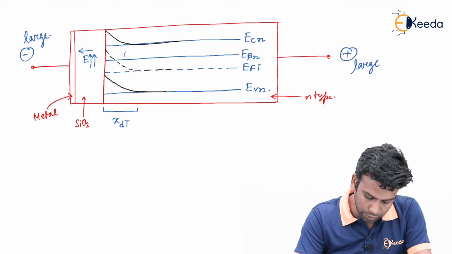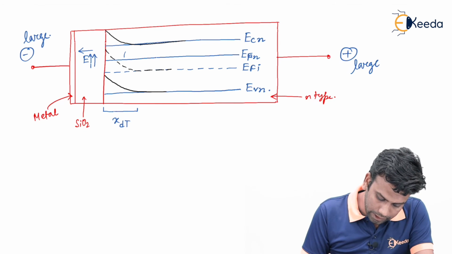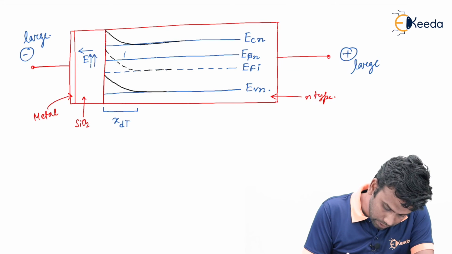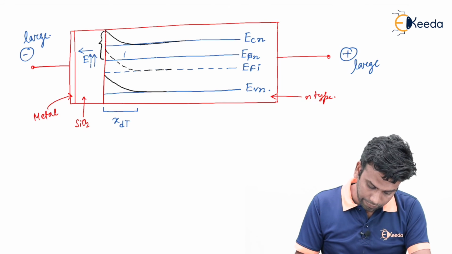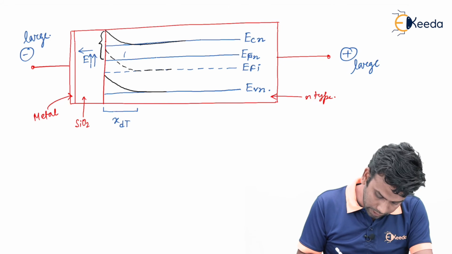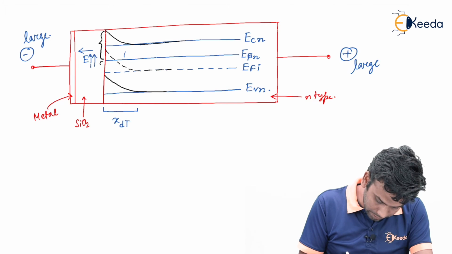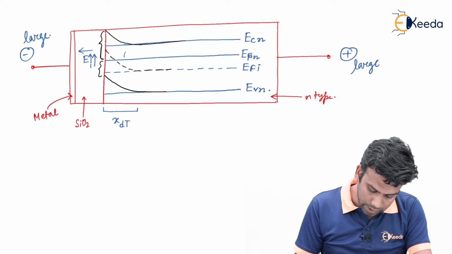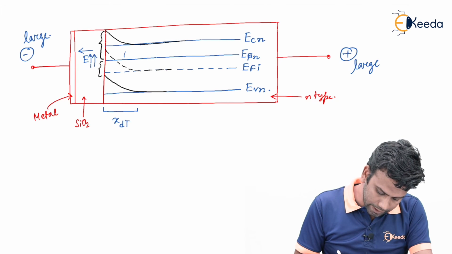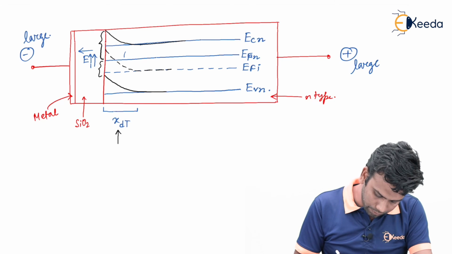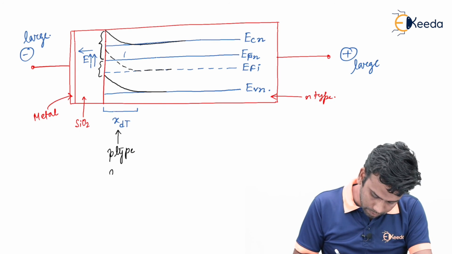Now if we look closely, the ECN is this much distance away from the EFN, and EVN is closer to the EFN. That's why we can say that this XDT region is now a p-type material.